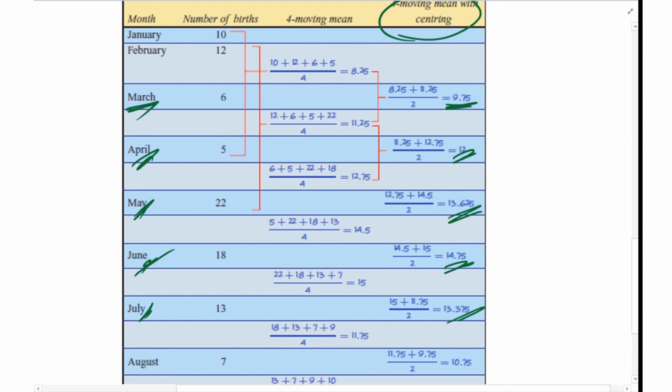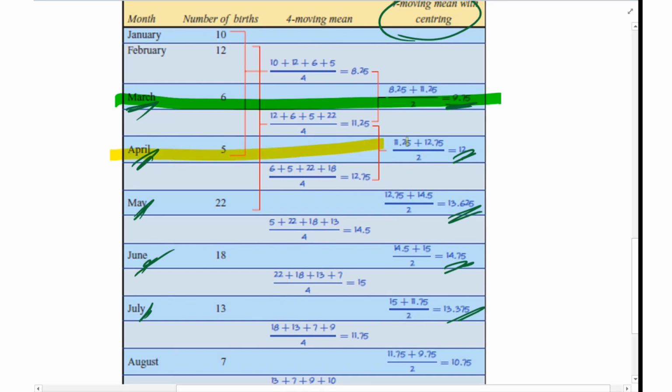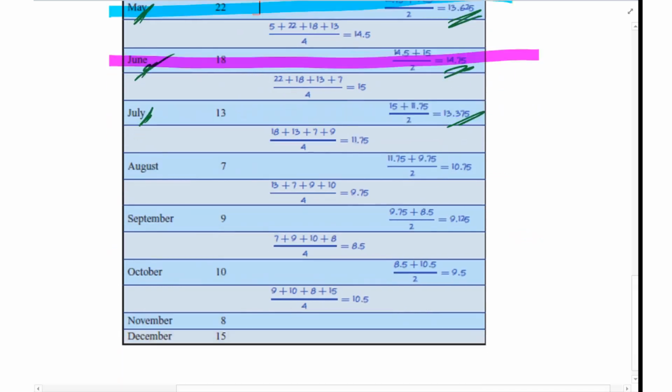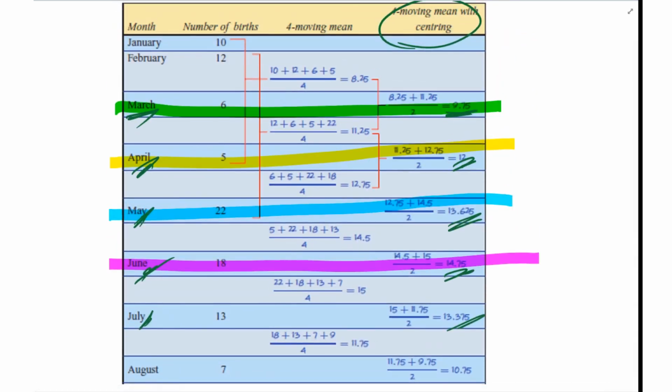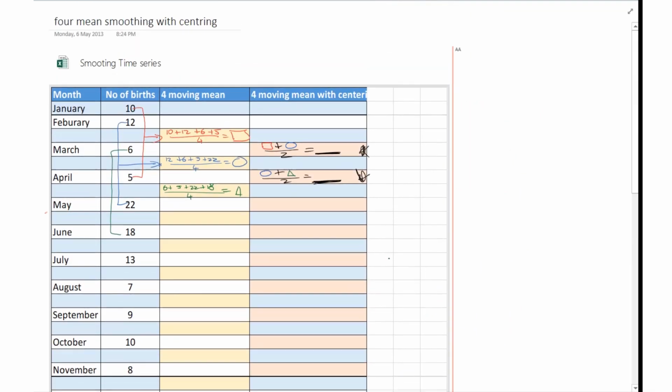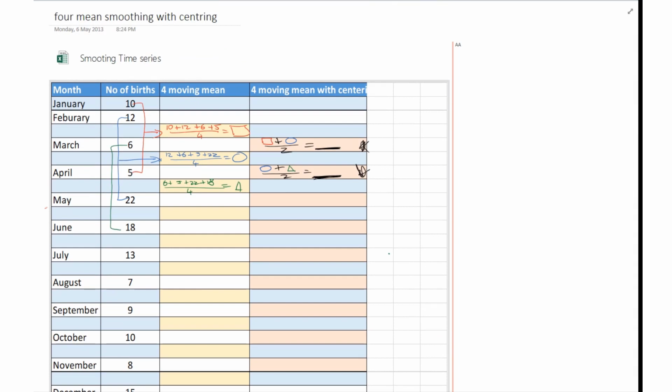But remember, that's matching up to there, that's matching up to there, and that's matching up to there, etc. That's what we mean by 4 moving mean with centering.